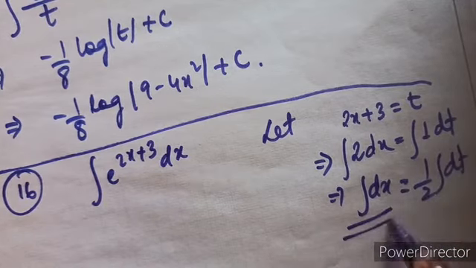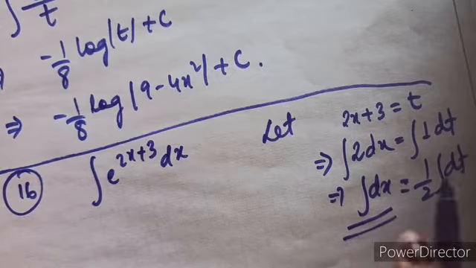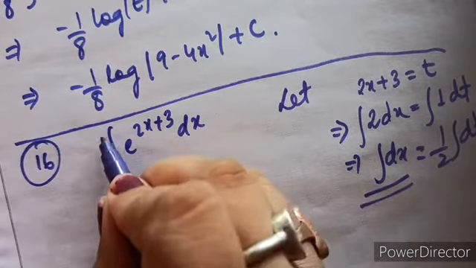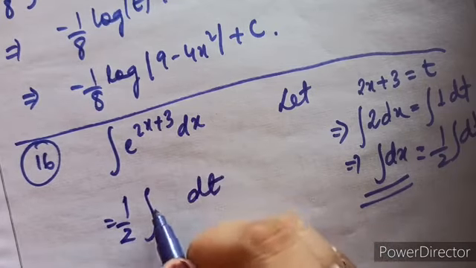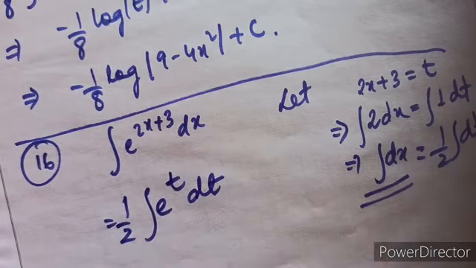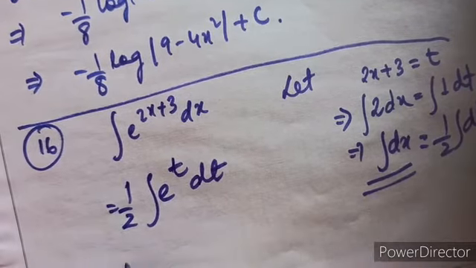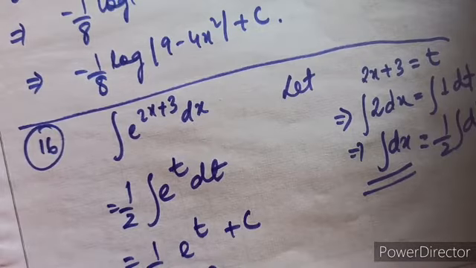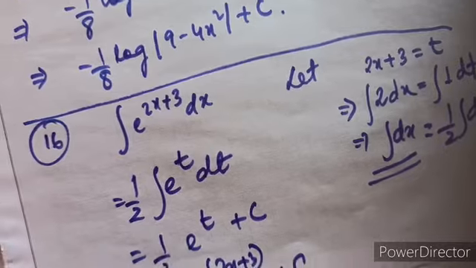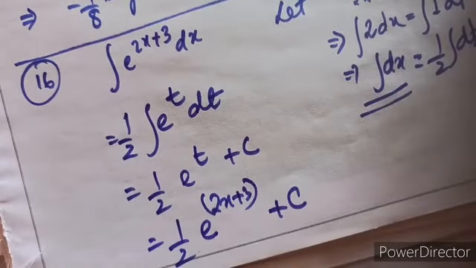So in place of dx, I have to substitute half of dt. So half integration, I will write dt, and here e to the power t. As we all know that integration of e to the power t will be e to the power t itself plus c. That means half. So what is the value of t we have taken? So the answer will be this. That is half of e to the power 2x plus 3 plus c. Okay.